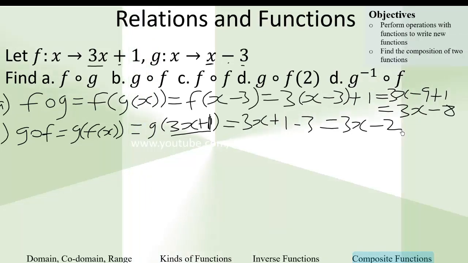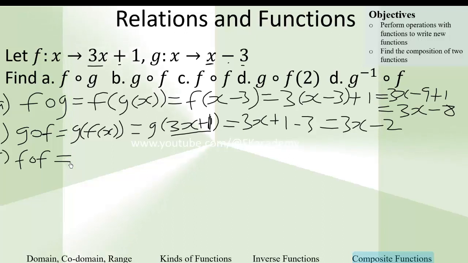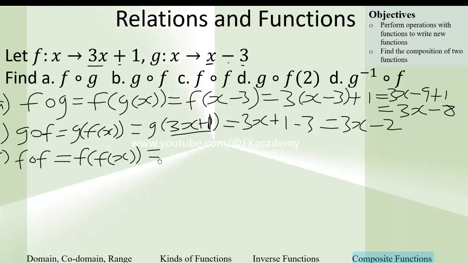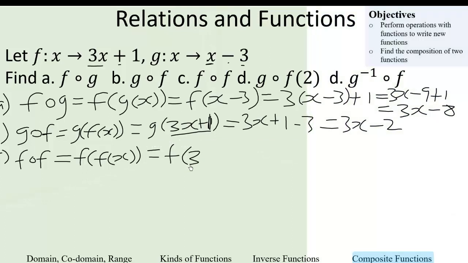Then we have f circle f. So this will be equal to f being the input for f of x. And this will be equal to f of 3x plus 1.